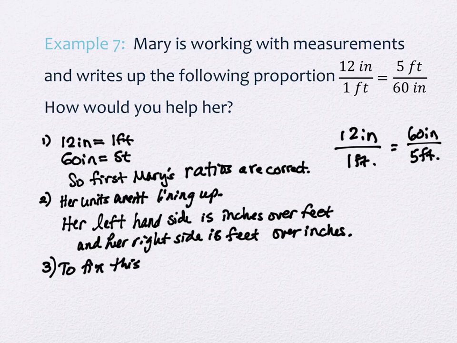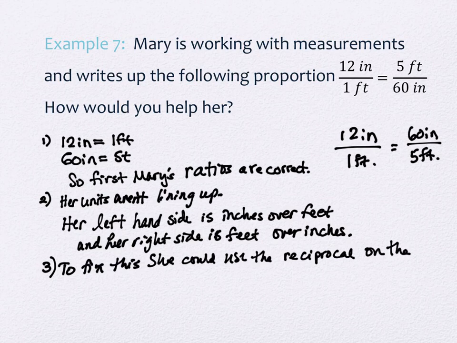So to fix this, it's not the only option, but she could use what we call the reciprocal, right? It's the flip. On the right, instead of, what does she have? 60 inches over 5 feet.